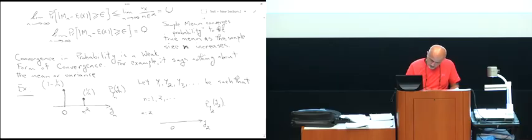Okay? There's a lollipop at 0 of height 1/2. And then the other lollipop is where? At 4. This is 2 squared.